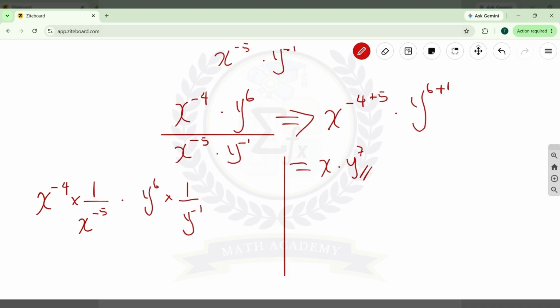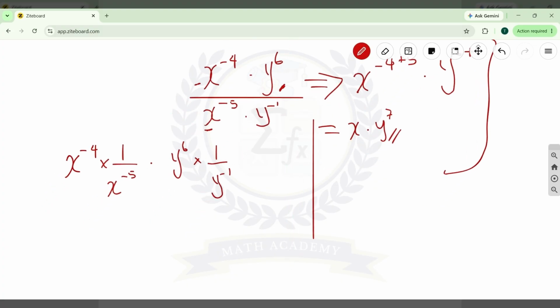So if you multiply x to the power of -4 multiplied by 1, you will have x to the power of -4 and then over x to the power of -5, which is this. And if you do the same thing, y to the power of 6 multiplied by 1, you still have y to the power of 6 and then divided by y to the power of -1. I'm just trying to explain how we arrived at this.